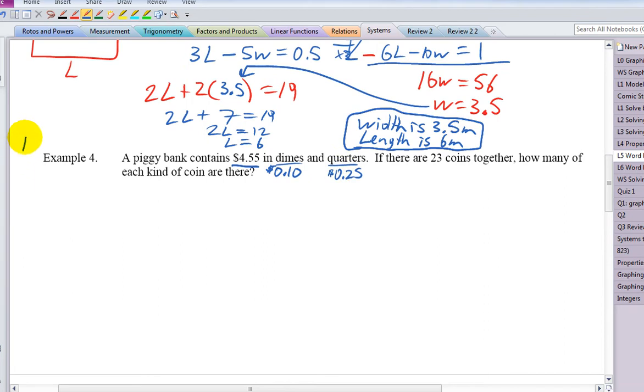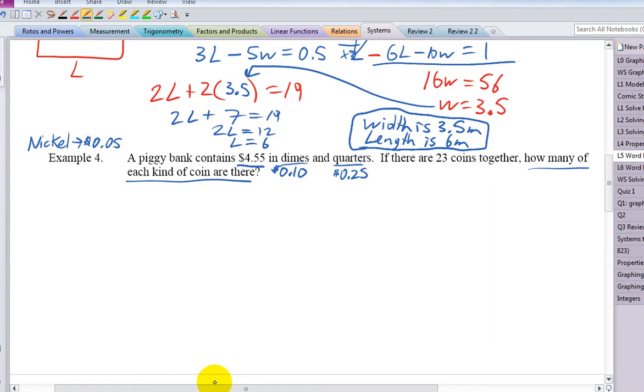Now we don't have it, but what's the value of a nickel? 0.05. Is it EL or LE? EL? Okay, good. So nickel's 5 cents. Good. Okay, how many of each kind of coin are there?